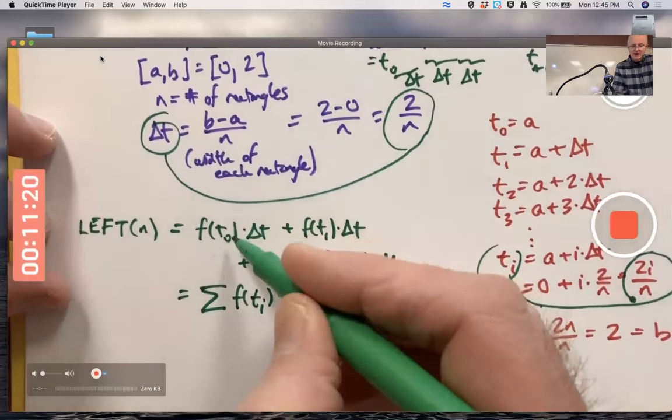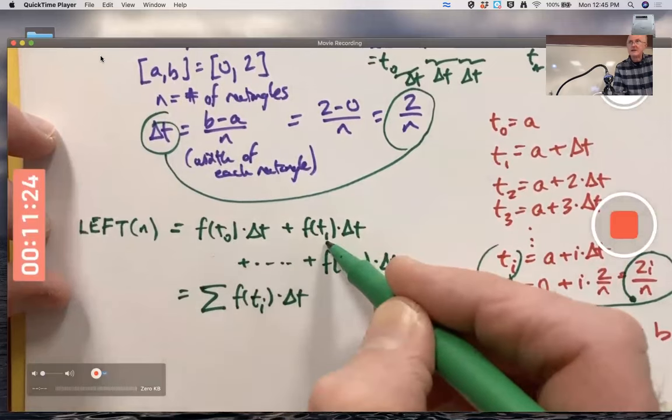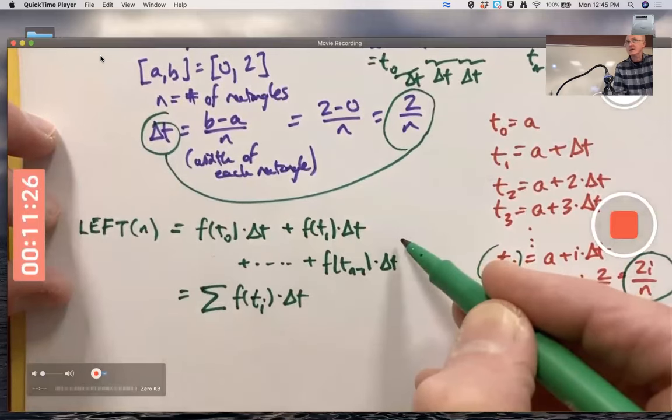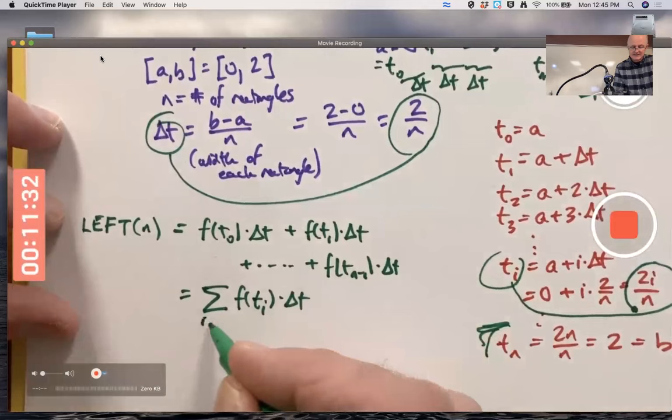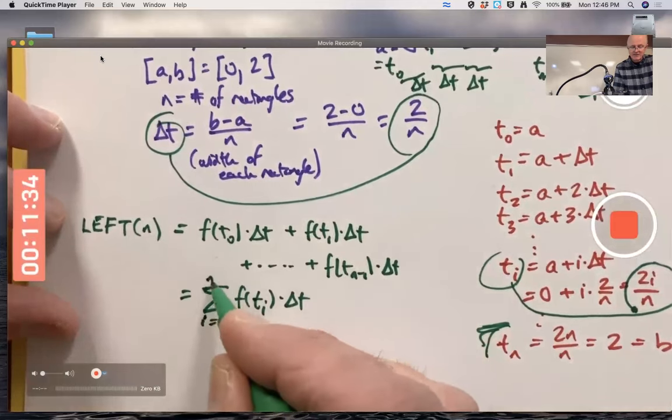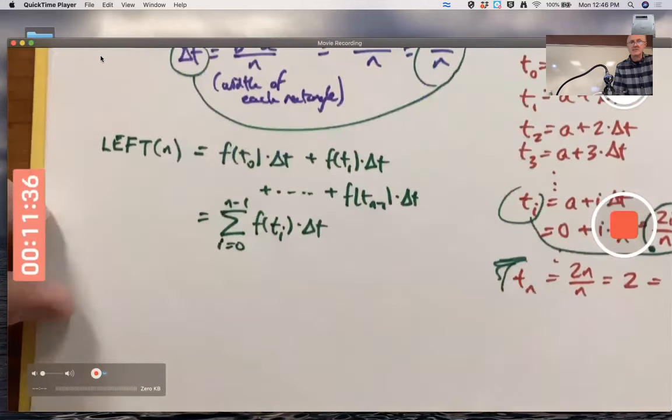The starting value of i here is 0. Then it goes up by 1 to 1, then up by 1 to 2. The last value of i is this last subscript, n minus 1. So i goes from 0 to n minus 1. Kind of a little strange there, but that is the case.